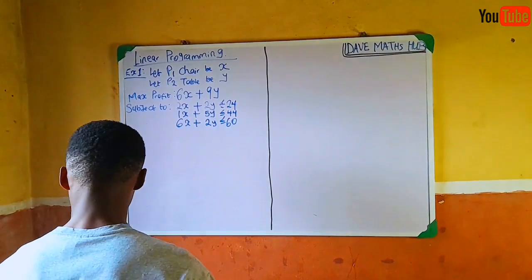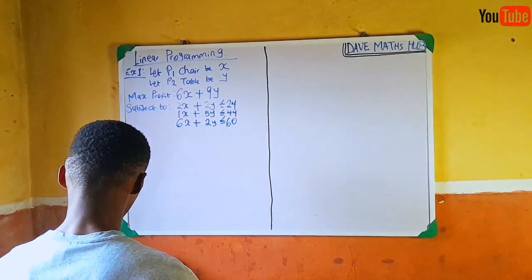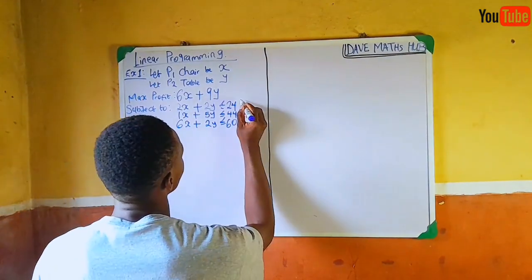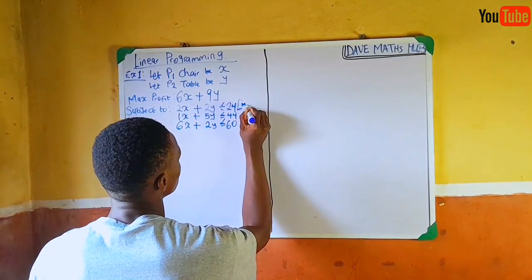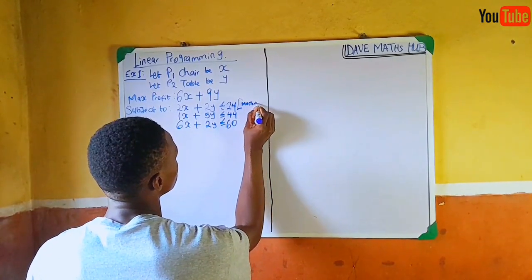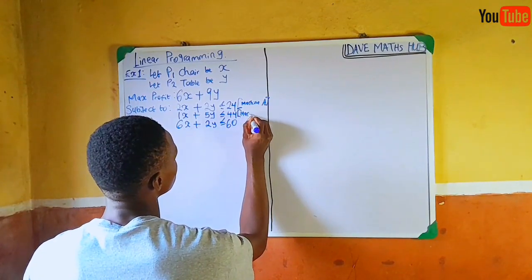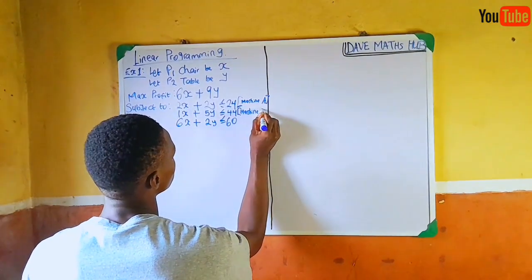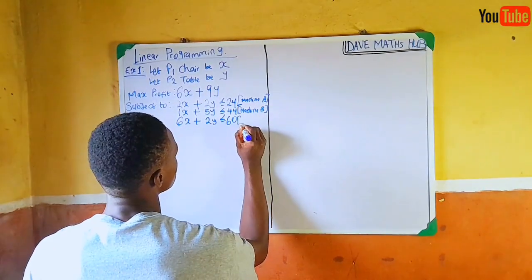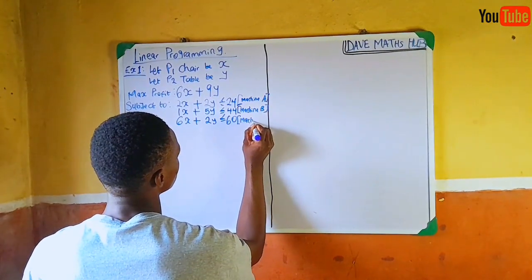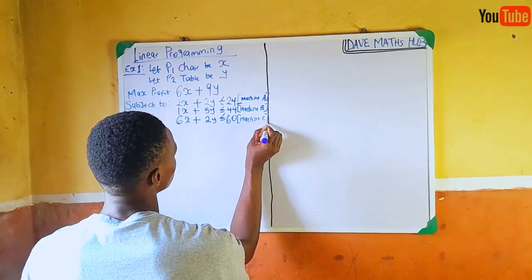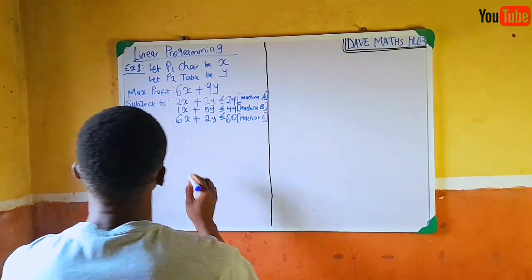So looking at it, we have no other thing to do. This is for machine A, this is for machine B, and this is for machine C. So we can begin.